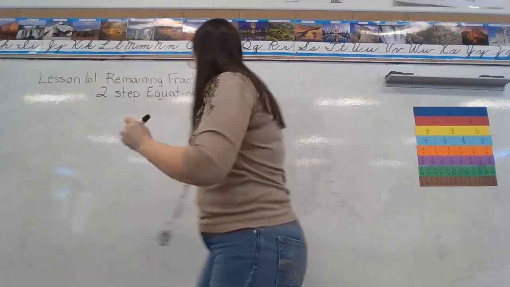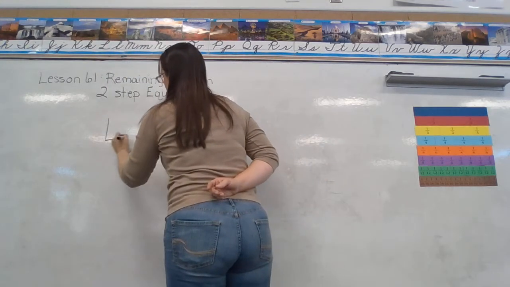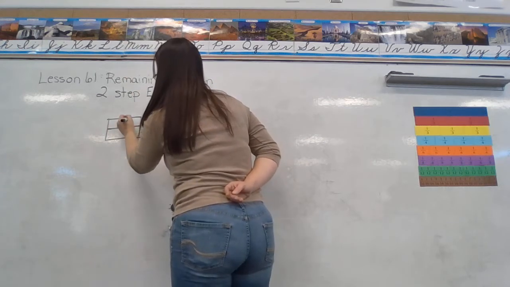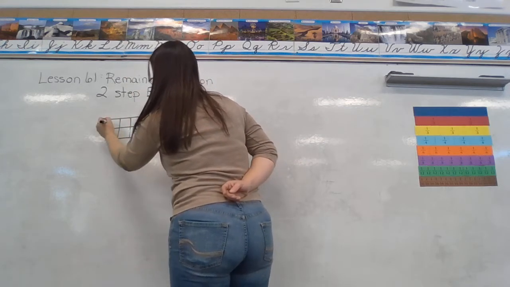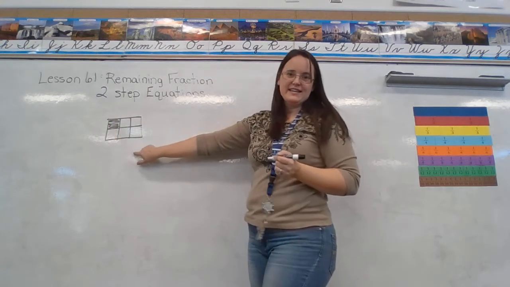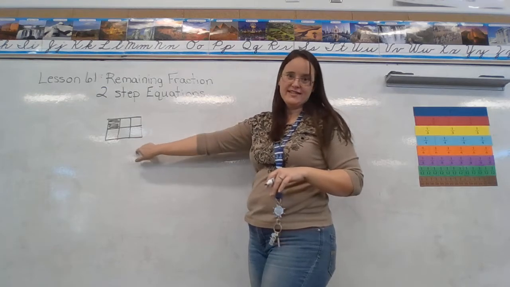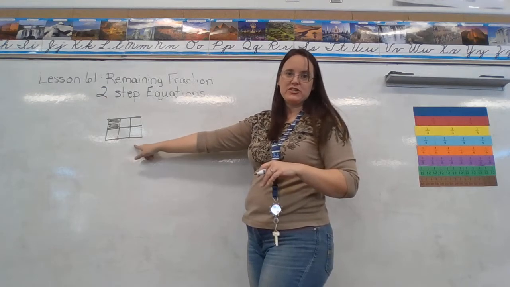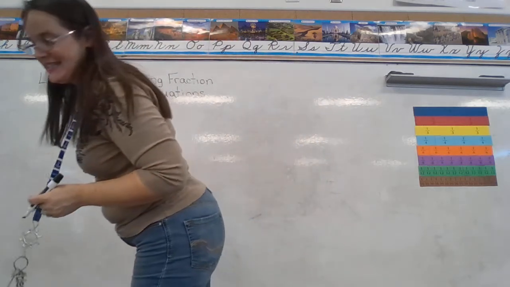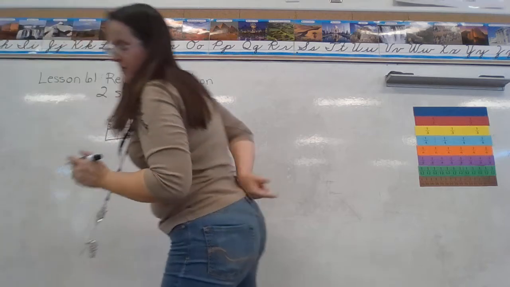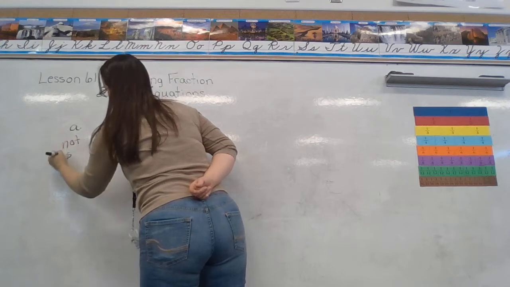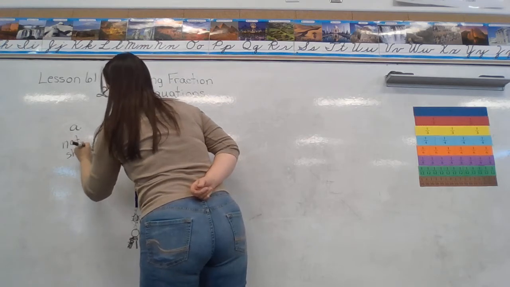So the first one is a picture. And A, I'm not going to write the question, but it says, what fraction of this picture is not shaded? What fraction is not shaded? So that's A. I'll just write not shaded to remind you.